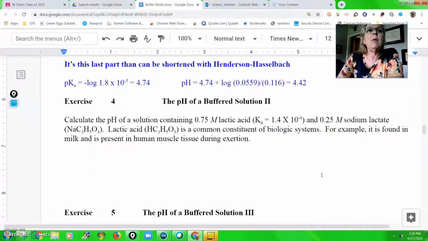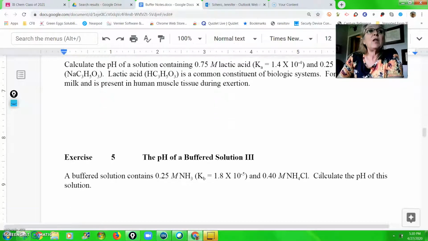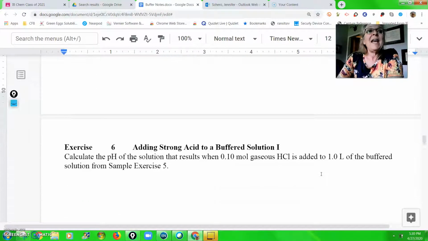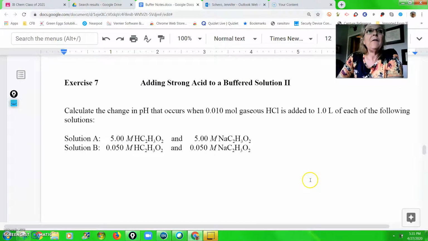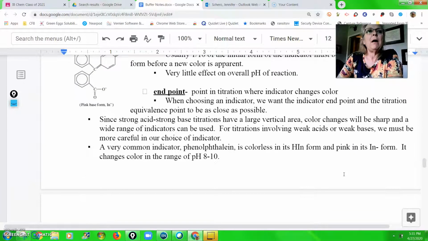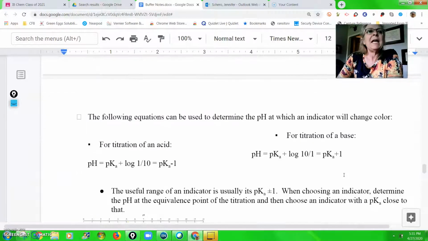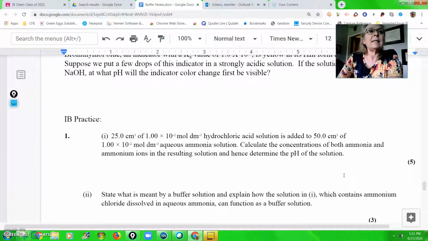All right. So your job by Friday is to finish exercise 4, exercise 5, exercise 6, and exercise 7. After Friday, you have to finish what comes next. We will talk about acid-base indicators later, but beyond the acid-base indicators is, and let me scroll to it, some IB practice.